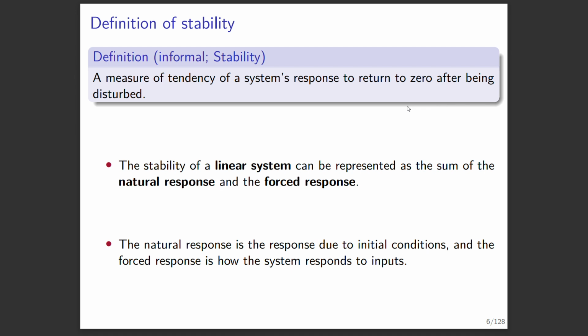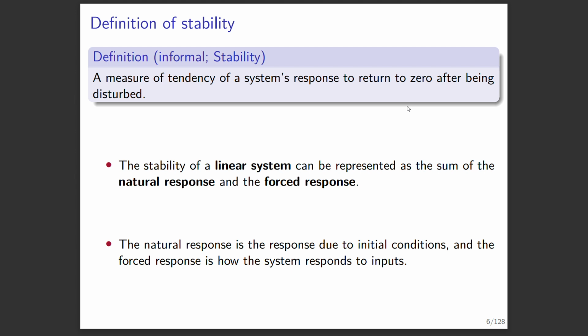The informal definition of stability is that it's a measure of tendency of a system's response to return to zero after being disturbed. So if I have a system, if I disturb it, meaning that if I with my finger move it a little bit, is it going to go back to where it was or not? This is the informal definition.